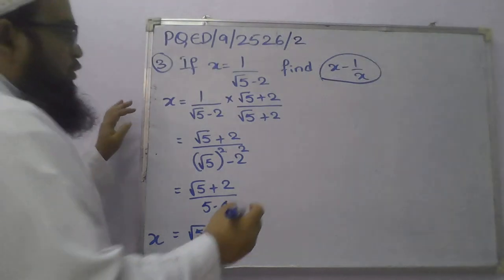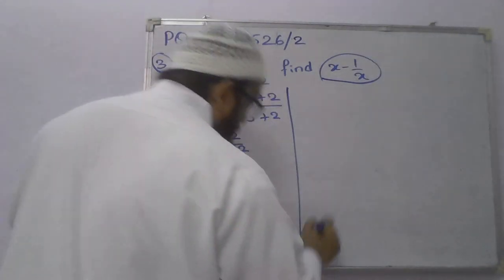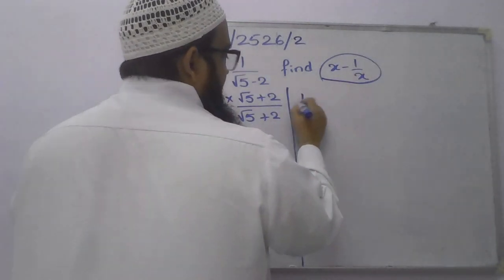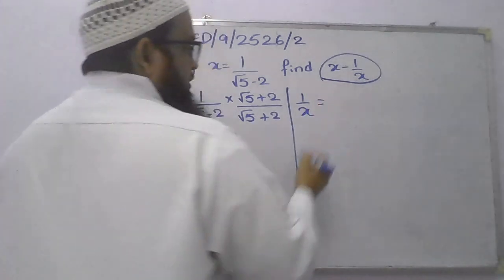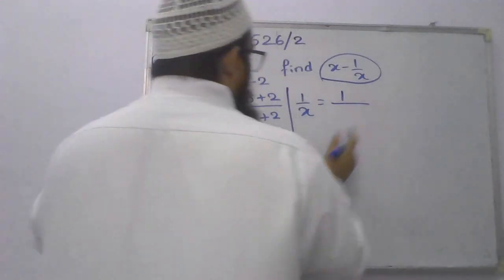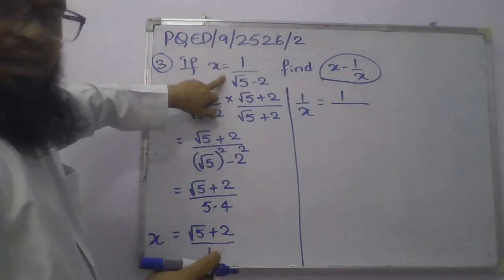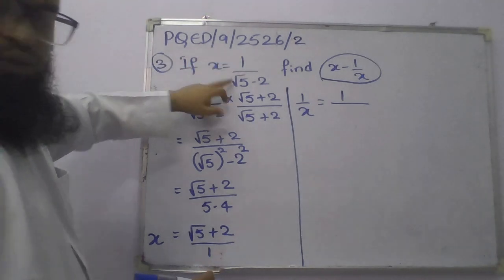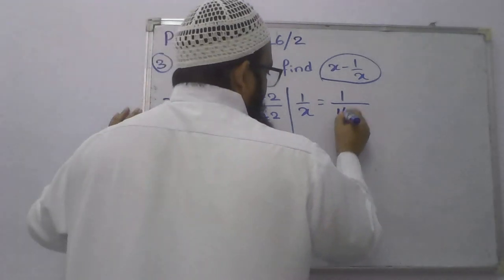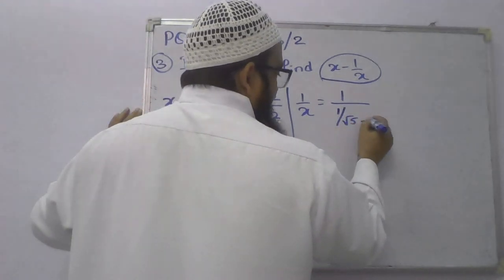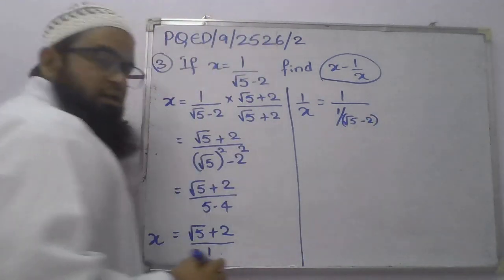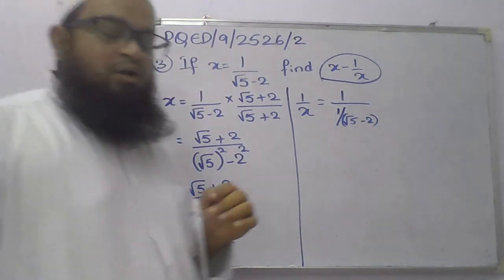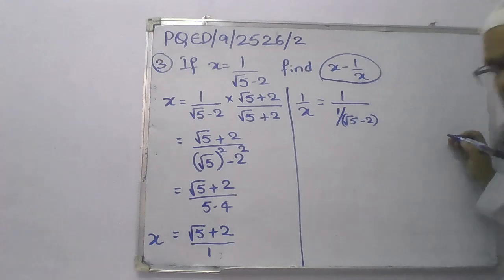Right? Now let us find out 1 by x. So that means 1 divided by x, and x is equal to 1 by root 5 minus 2. So I write 1 by root 5 minus 2 in brackets. Now let me explain one concept. I don't know whether you remember it or not.